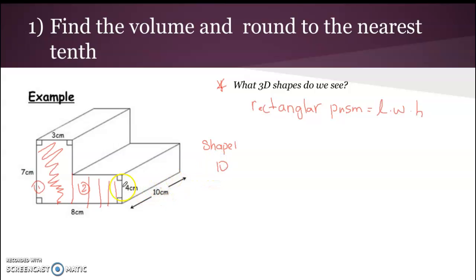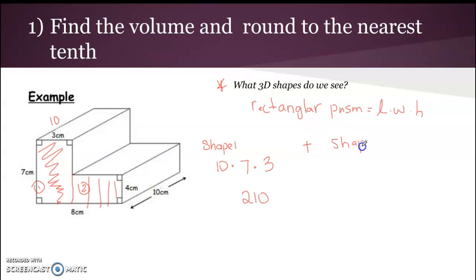Excellent, because this 10 is the same thing on that side. The base is a rectangle. So this is like saying here is 10 and then the bottom is 10. So it's 10 times 7 times 3. 7 times 3 is 21. This works out to be 210. And remember it says add them.